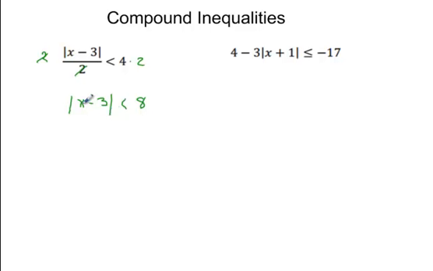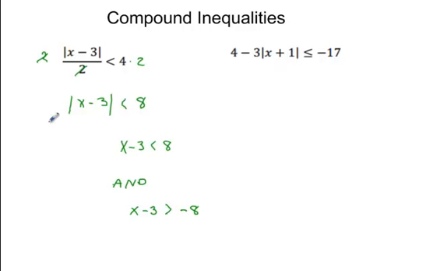Okay, so x minus 3 has to be less than 8. And x minus 3 has to be larger than negative 8. Because again, think of all the things it could be.